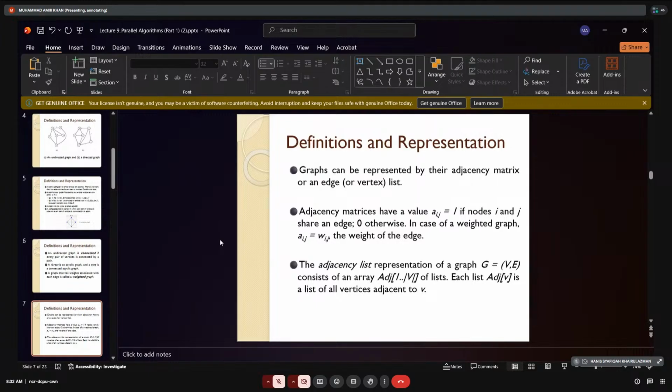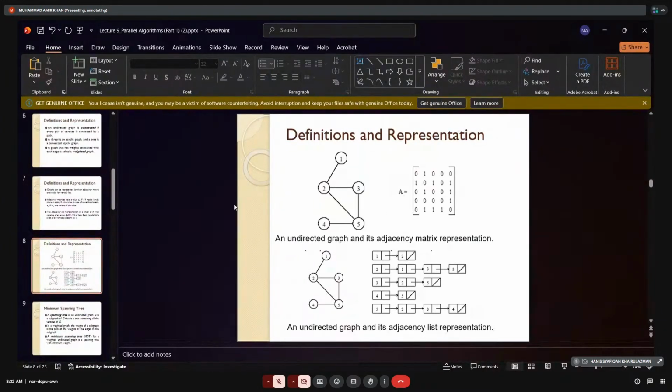Adjacency matrices have a value A_ij equal to 1 if nodes i and j share an edge, 0 otherwise. In the case of a weighted graph, I am going straight towards the example. Very simple here. Okay, this is the definition of an undirected graph and its adjacency matrix.